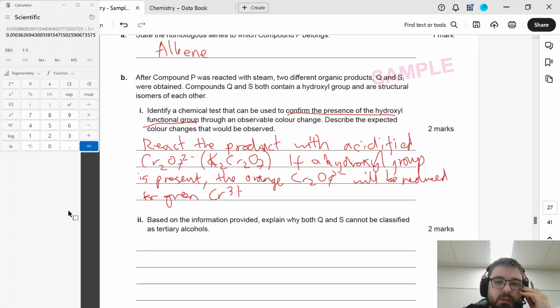Based on the information provided, explain why both Q and S cannot be classified as tertiary alcohols.